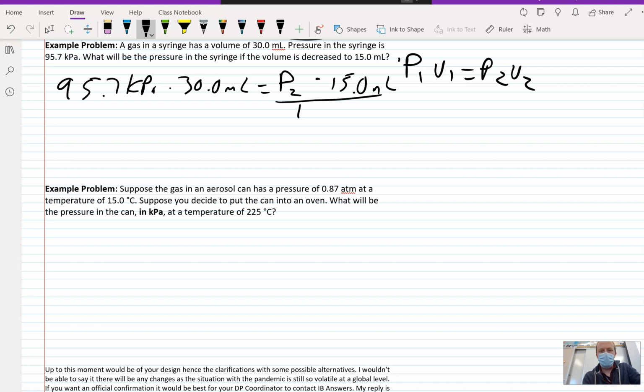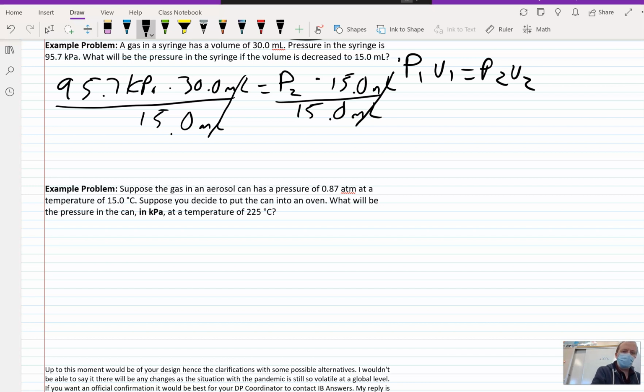So instead of multiplying by 15 milliliters, we're going to divide by 15 milliliters. And I'm attaching units to things, at least in this case, to show you that the units do cancel properly if you're doing it right. They cancel properly and give you the unit that you want, which is kilopascals in this case.